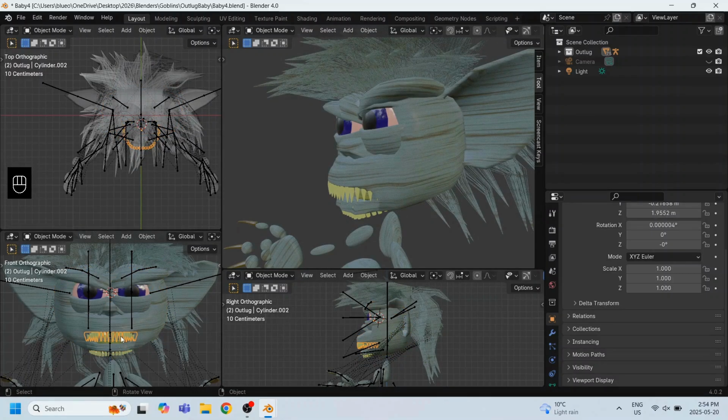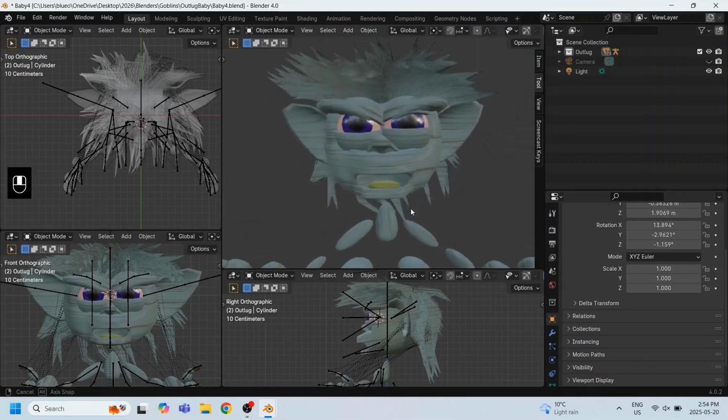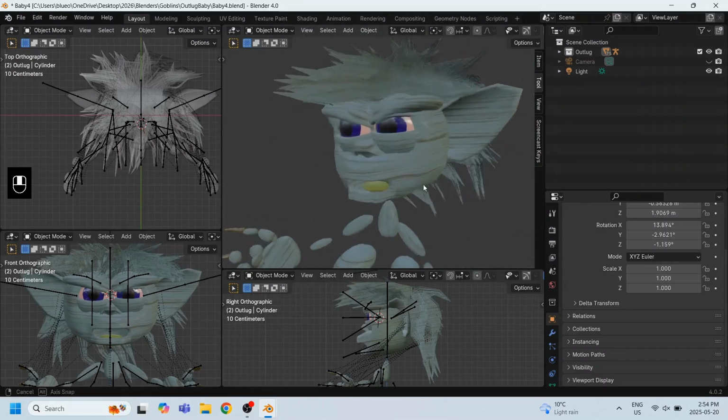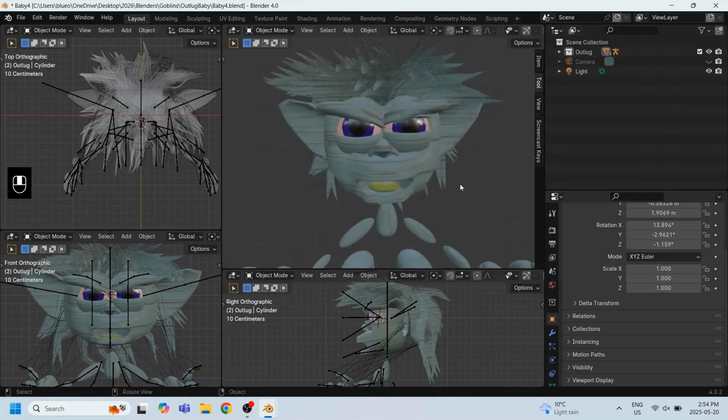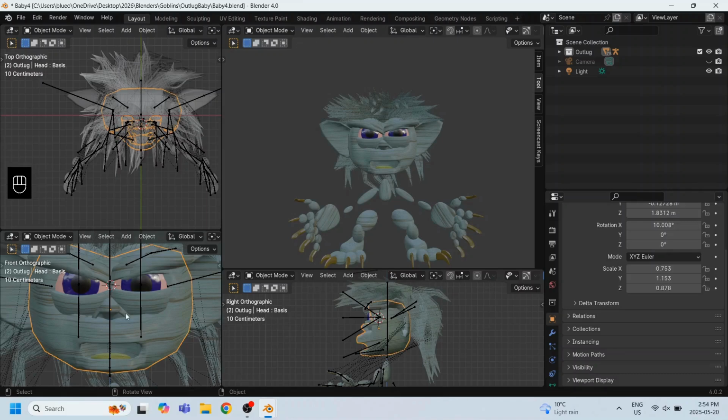I mean, I think that we did a really good job for the mom, Outlug. So if we make Outlug look young enough, then with a few changes, we could have what Outlug's baby might look like.